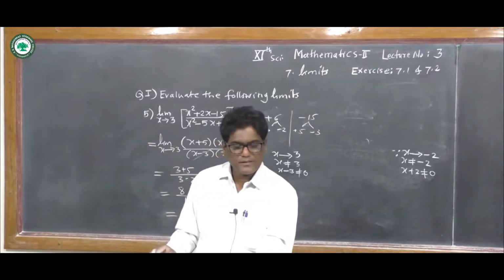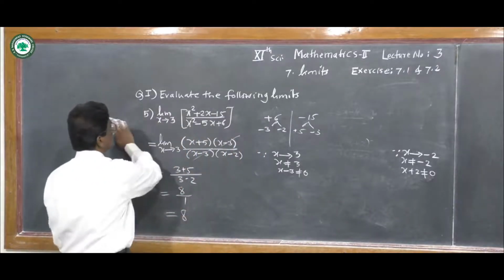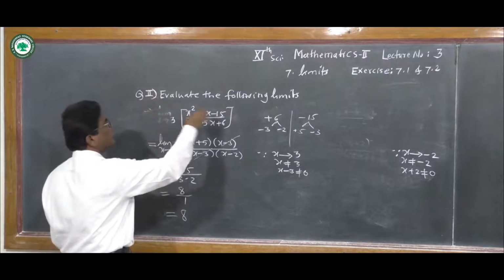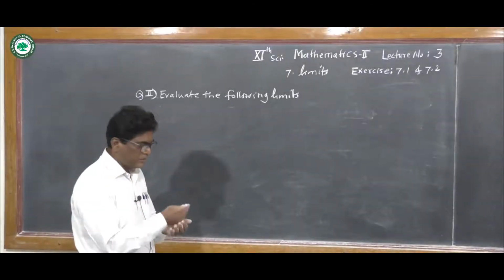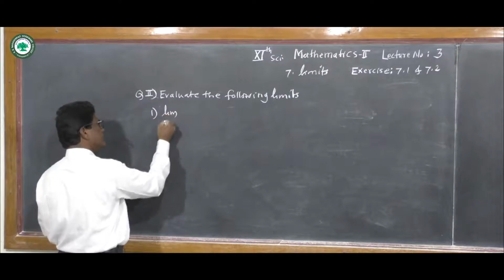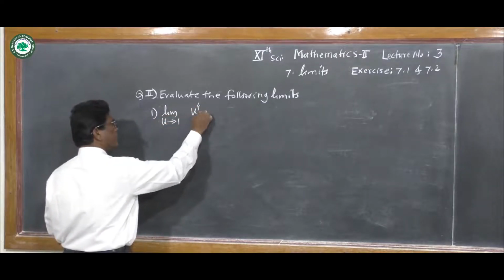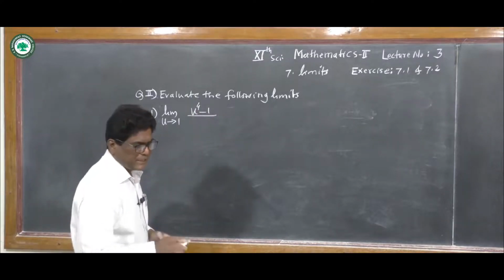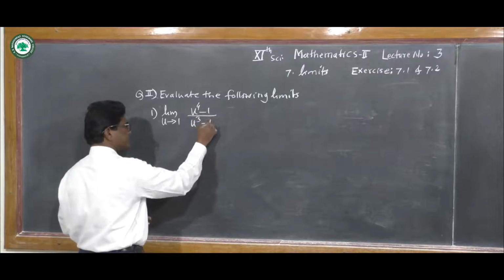Question number second: evaluate the following limits. Only write here second, the question is the same. Evaluate the following limits. First problem: limit u tends to 1, u to the power 4 minus 1 divided by u to the power 3 minus 1.